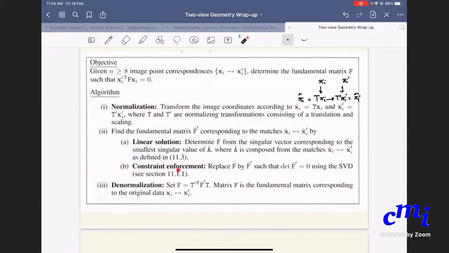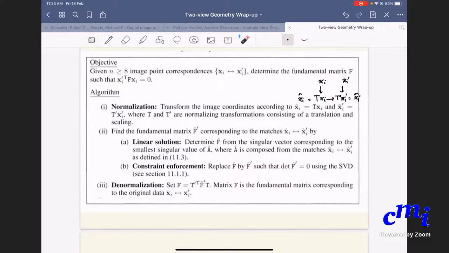This is going to make sure that the determinant of F is zero. We know that F is a singular matrix, right? We have seen earlier that the fundamental matrix is singular, it is rank 2. To make sure that you do have a singular matrix, this is constraint enforcement. You replace F hat by F hat prime such that this determinant is 0, in case you end up with a matrix whose determinant is non-zero.